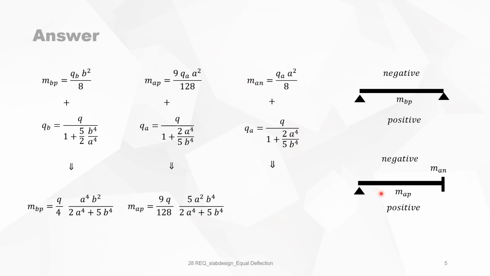For MA negative, we know this bending moment is QA a squared over 8, so plus the QA that we already have calculated gives you this expression. Now we got 3 expressions for the 3 different bending moments in our slab.